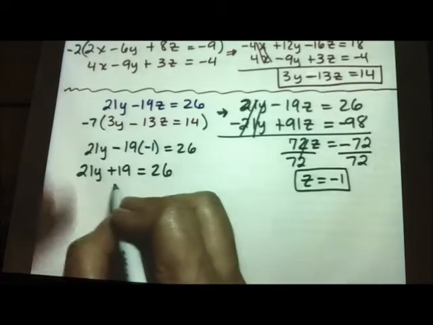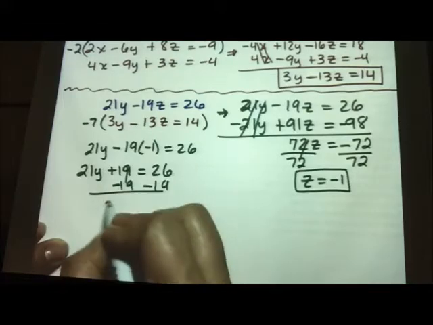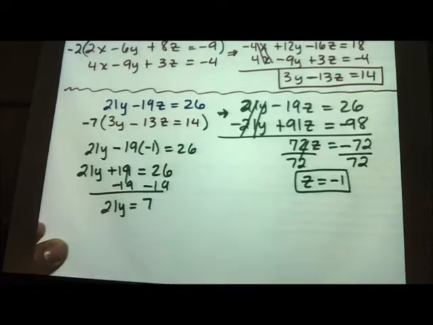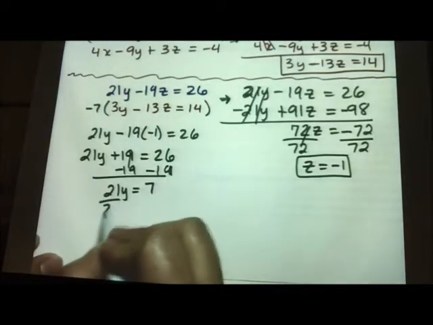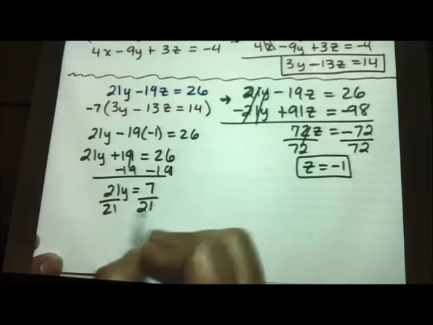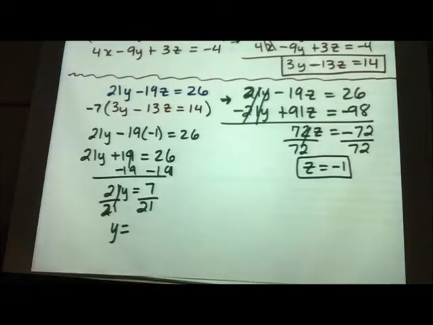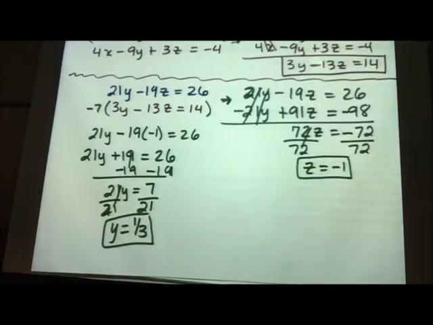Now here we subtract, and I get 21y equals 7. We divide both sides by 21. Y equals 7 over 21, but that could be reduced to 1/3. So yes, maybe some answers will be fractions. It's not going to be crazy fractions.